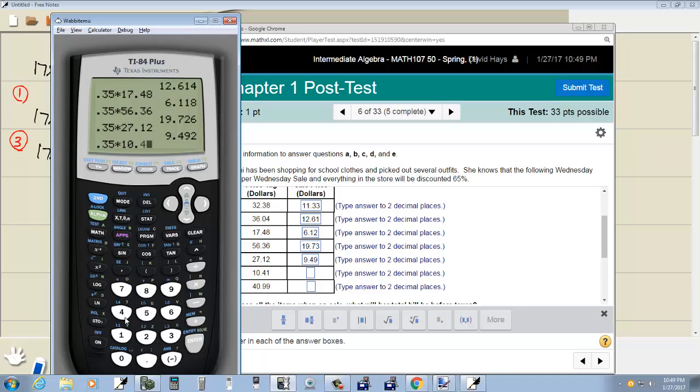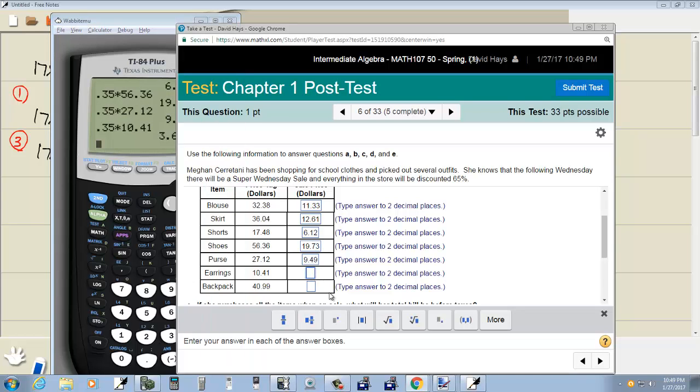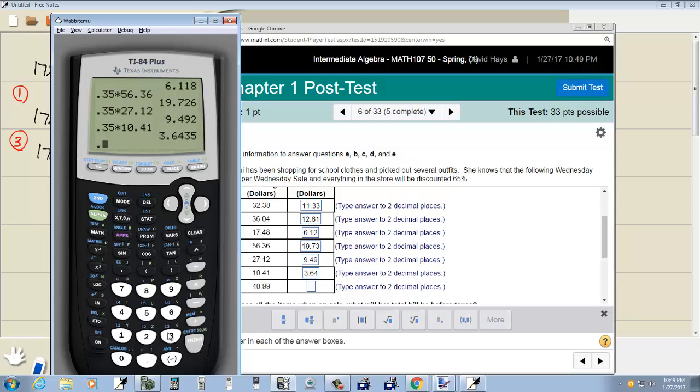We'll see what kind of errors I have after I get done with this. The odds of me not typing something in right or making a little mistake are pretty good. 3.64. But you never know. Miracles do happen. 0.35 times 40.99, 14.35.